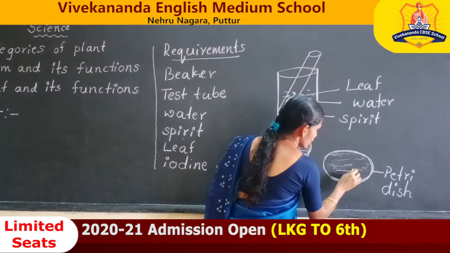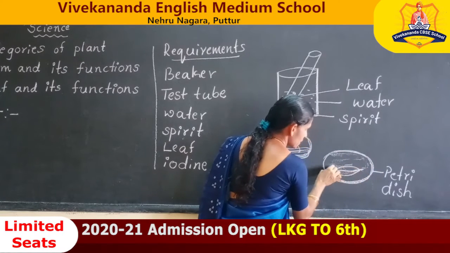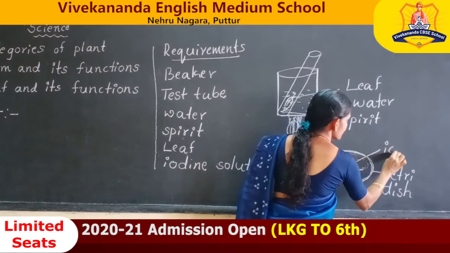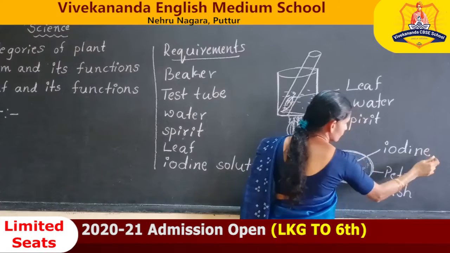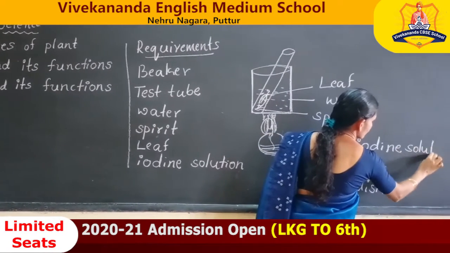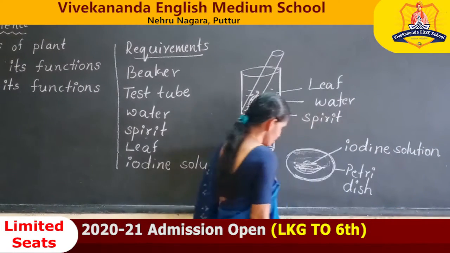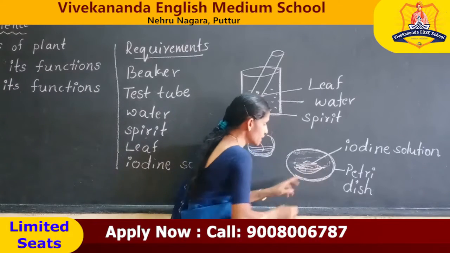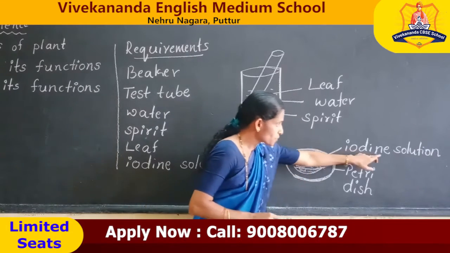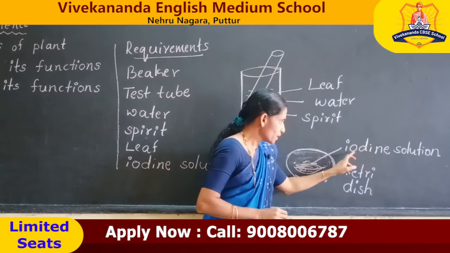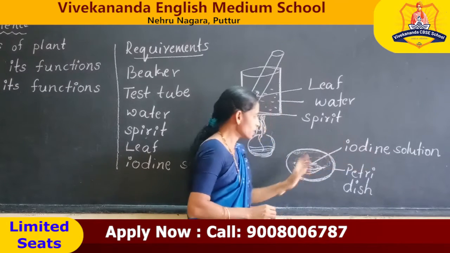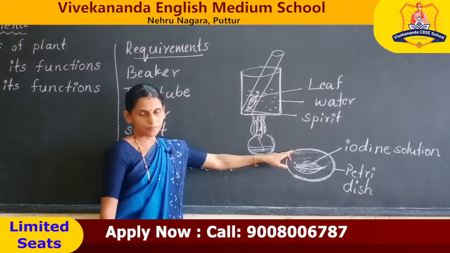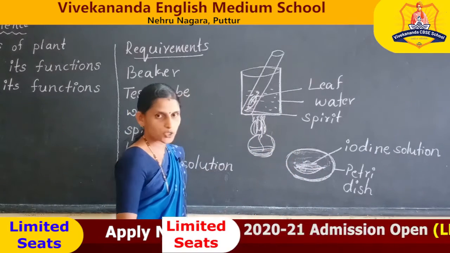The leaf is placed on it and iodine solution is added. When we add iodine solution, the color of the leaf changes into bluish black color. It indicates the leaf contains starch.